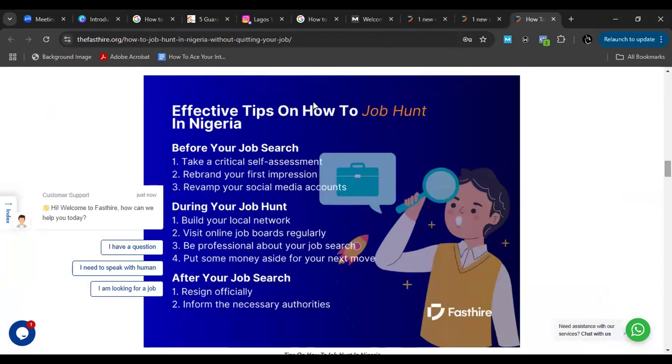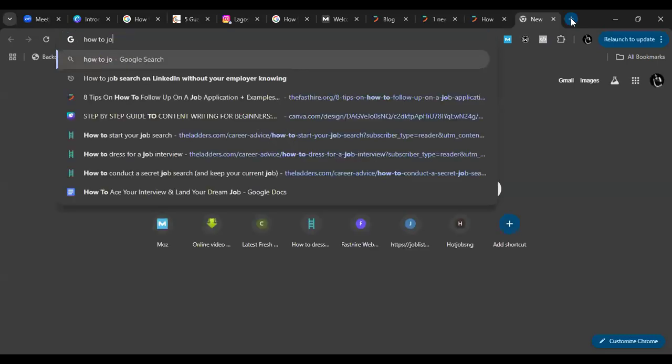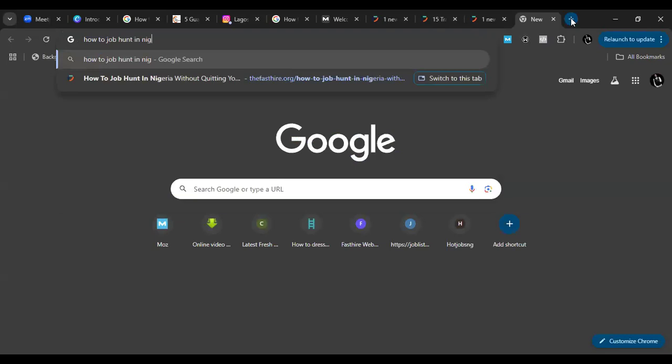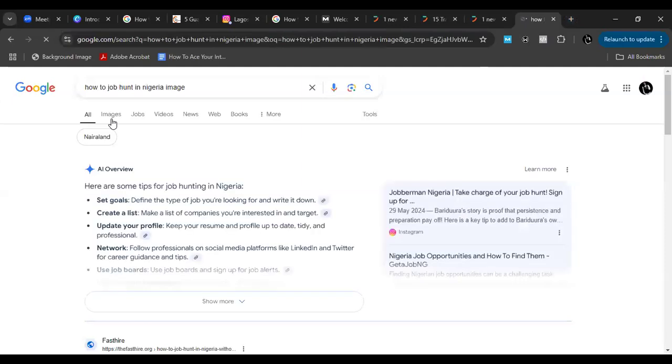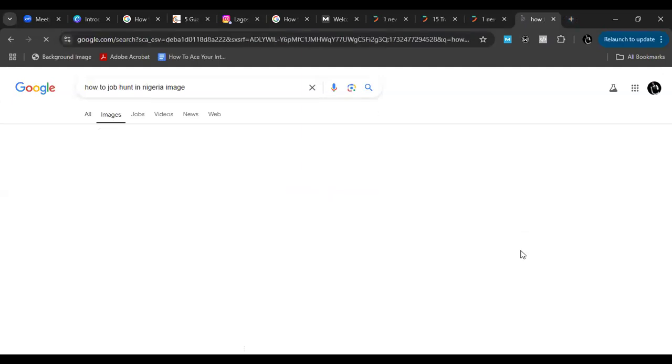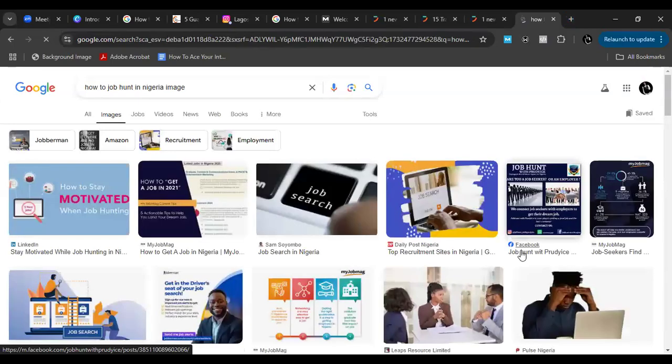So for instance, if you have an image like this in your content, you can title this image "How to Job Hunt in Nigeria, Image 1," so that when people do a search on Google, let's say how to job hunt in Nigeria, and they put image, and they are searching from the image section, the likelihood that your content could be found from that process would also be improved, right?